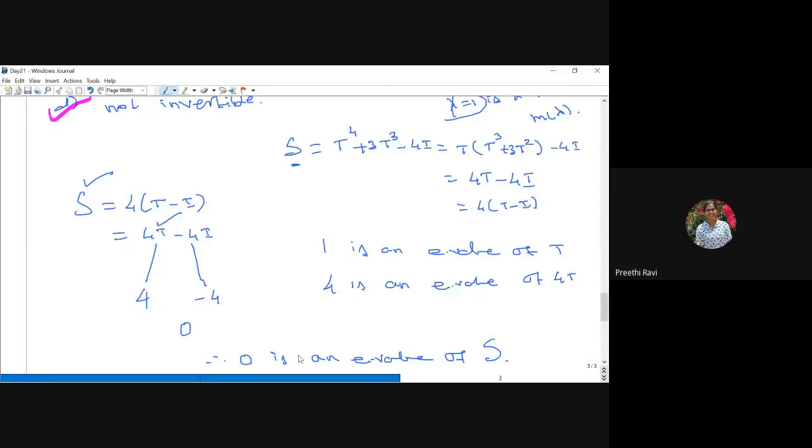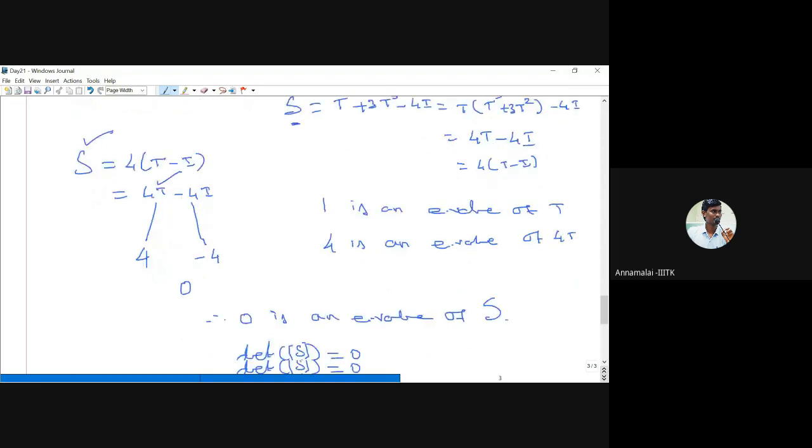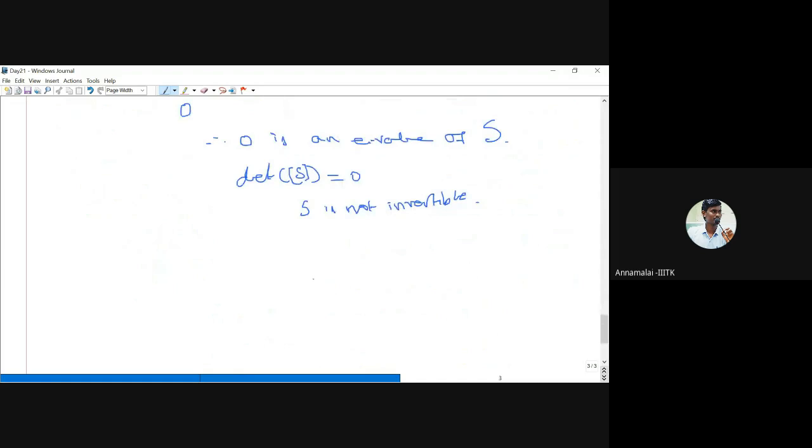Sir, how did we get 0, sir? Yeah, because I already said that. If there are two matrices, A is one matrix with eigenvalues lambda and mu, and B is another matrix with eigenvalues, suppose, T and S. Then the eigenvalues of A plus B should be lambda plus T and mu plus S. We can sum them only when we satisfy the condition that AB equals BA.